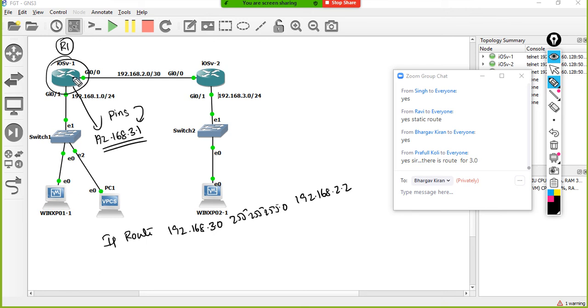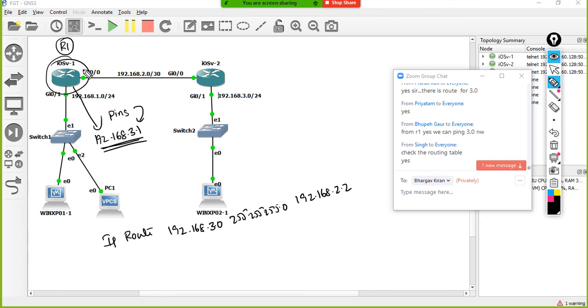So now first what will it do, Madam Singh, you explain to us. Whenever you try for 3.1, first of all, what will it do? It will check the routing table. Yes or not? Don't get confused. It will check the routing table. In the routing table, do you have a route for the 3 network?